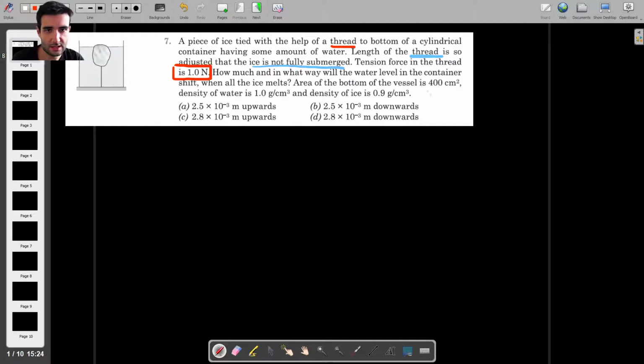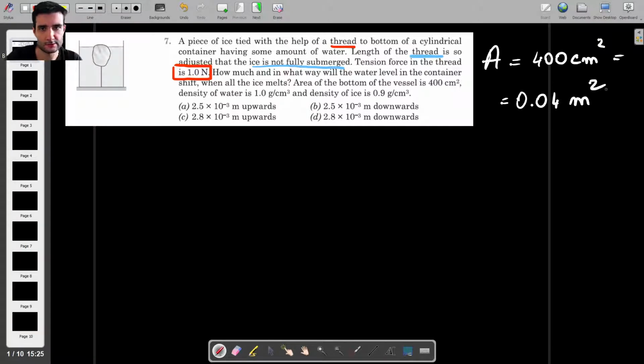So we know that the area of the bottom of the vessel, let's just call it A, is 400 centimeters squared. And as usual, I would just convert those to meters squared. So that's 0.04 meters squared.